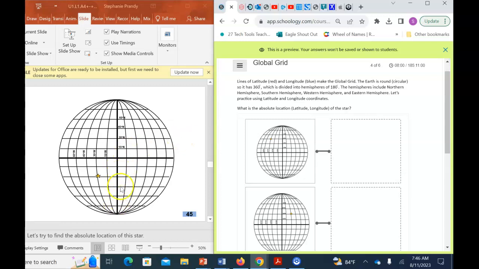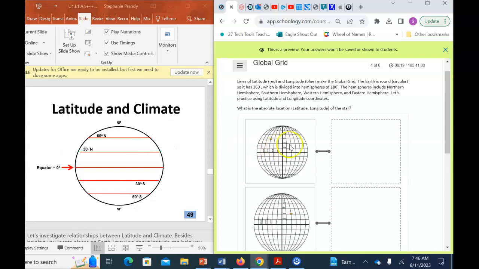We don't have numbers here, but we can assume that they're the same. 0, 15, 30, 30 to the south, and 15, 30 to the west. This one, we're going 15 to the south, and 15, 30, 45 to the east. Okay, so that's how that works.